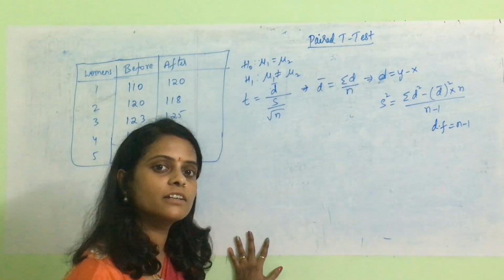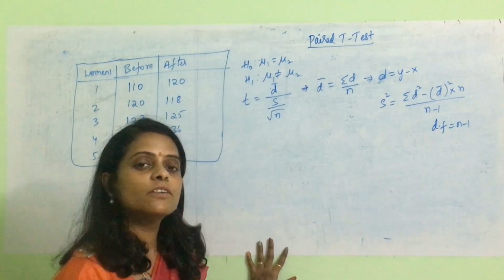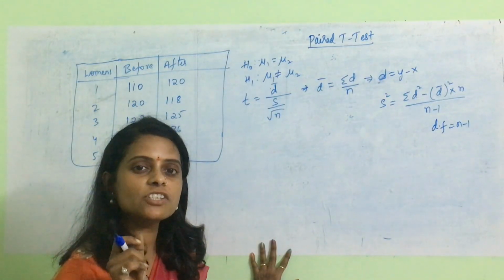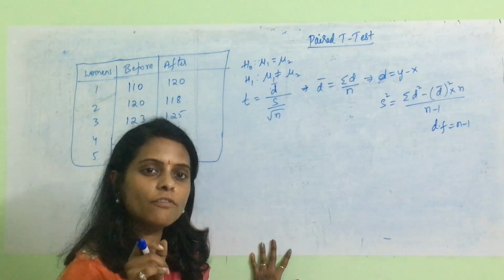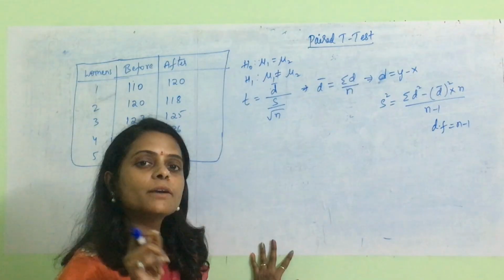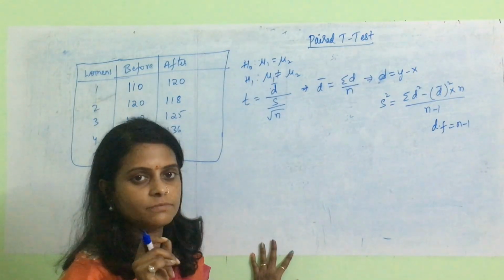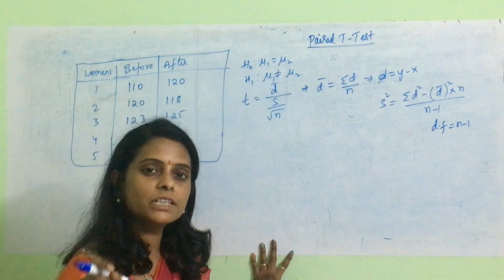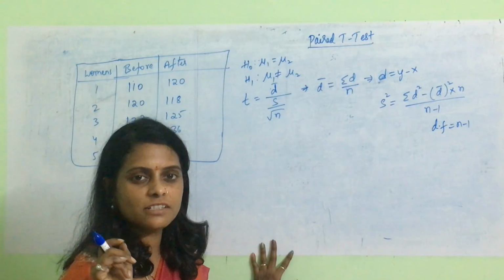We have to check whether there is any significant change in the blood pressure of the women after taking the drug. In the question, the 1% level of significance is given.